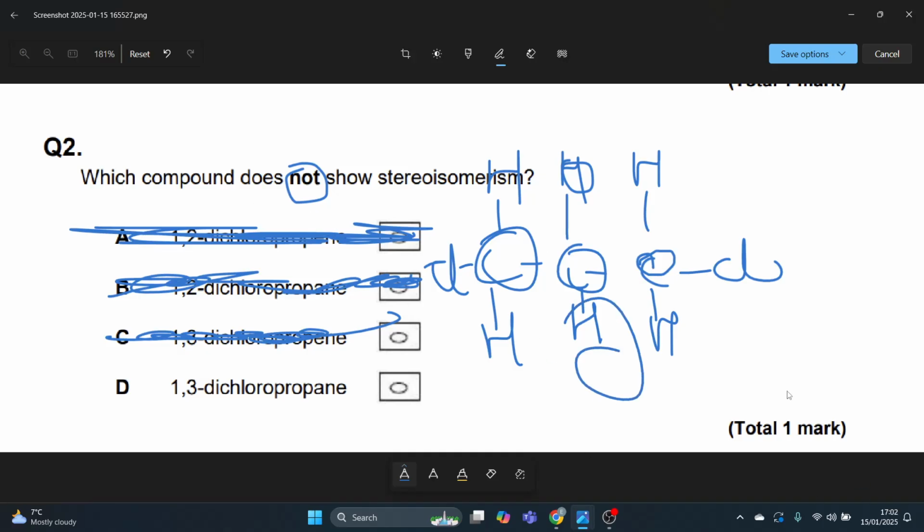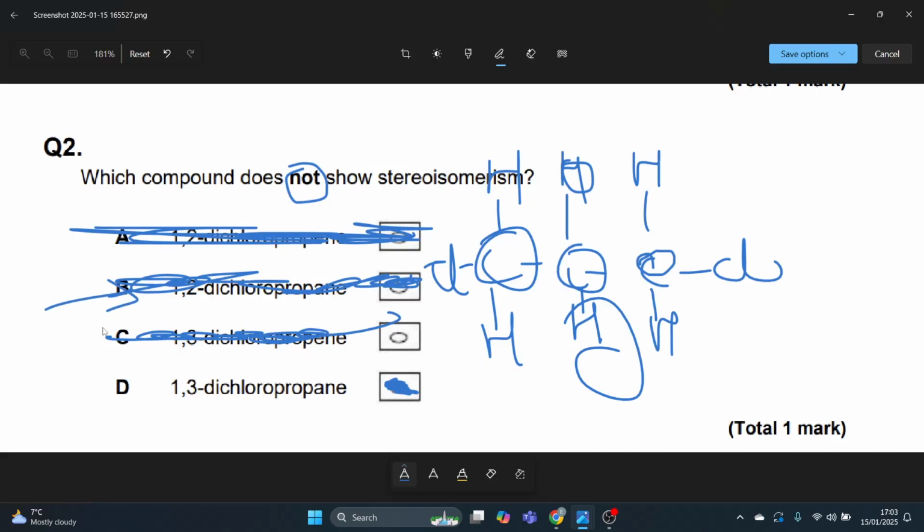So it's not a chiral carbon, and obviously it's an alkane, and alkanes can only show stereoisomerism when they've got a chiral carbon. So in this case, it doesn't have a chiral carbon, therefore it's not going to show stereoisomerism.